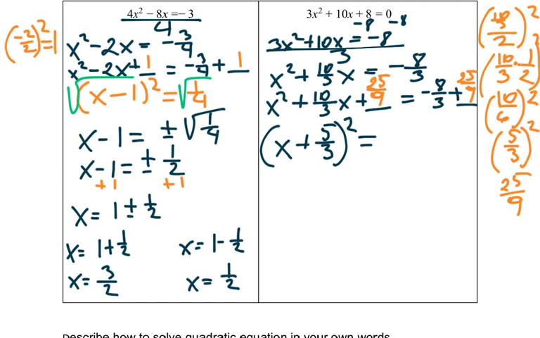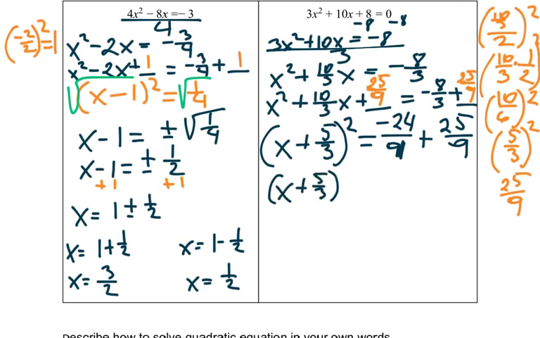My common denominator for 3 and 9 is 9, so negative 8 over 3, we have to multiply both by 3. So negative 8 times 3 is negative 24 plus 25 over 9. And we get x plus 5 over 3 squared is equal to 1 over 9.